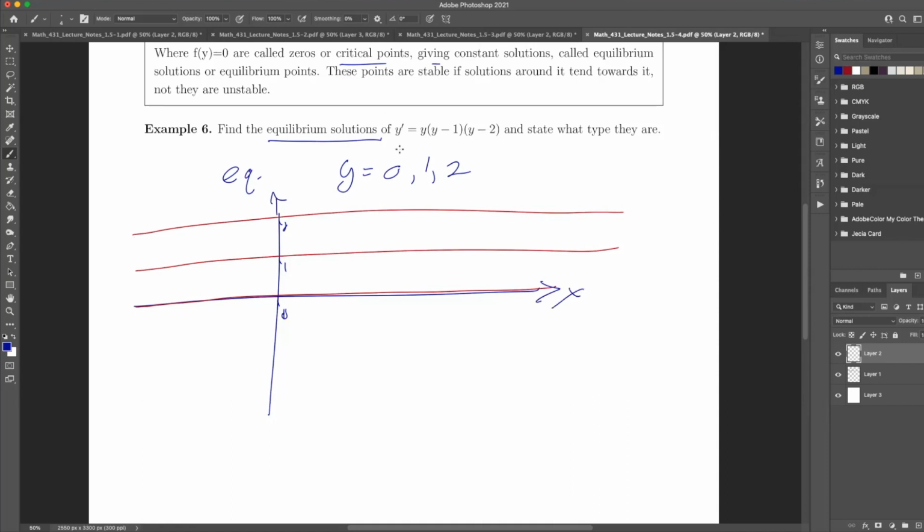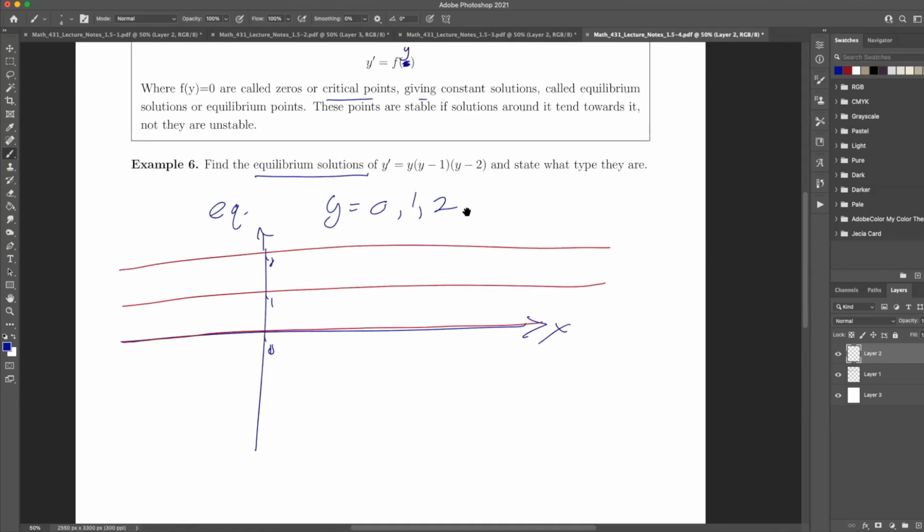Notice here that the derivative has nothing to do with x. So how do we know how the solutions will behave? Once it hits 0, once the derivative is 0, it stays 0, because nothing's going to move it.